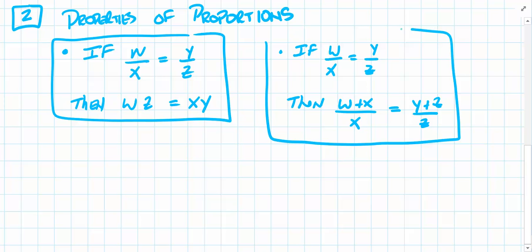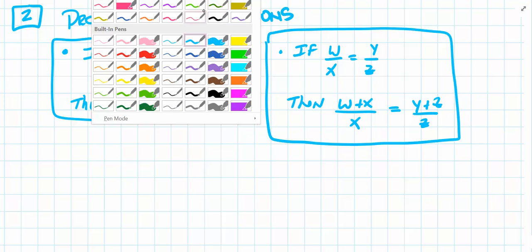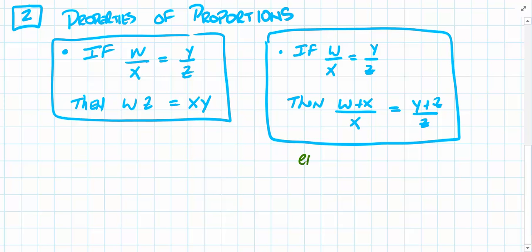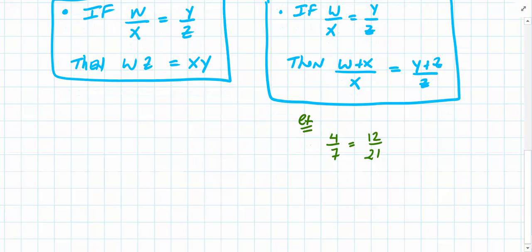So you can add the respective denominator to each numerator on either side. As an example, let's say we have 4 over 7 in proportion to 12 over 21. 4 over 7 is an equal ratio to 12 over 21. Is that true? Multiply top and bottom by what? By 3. Good.